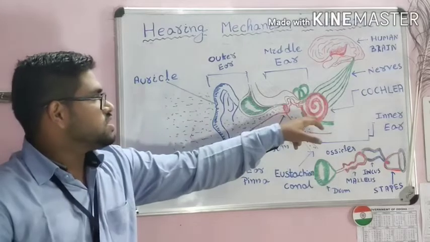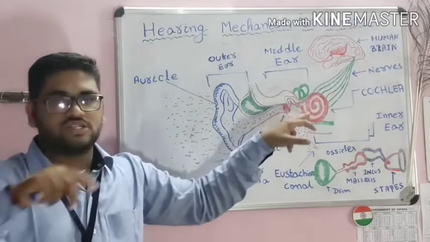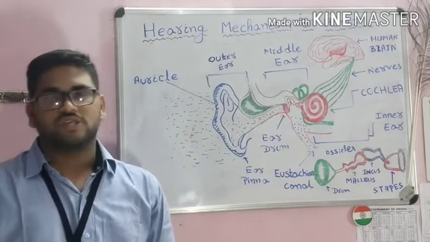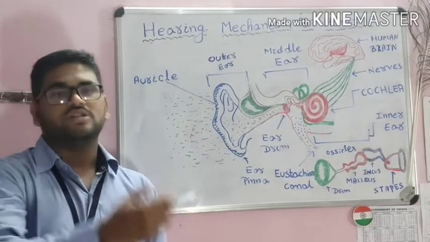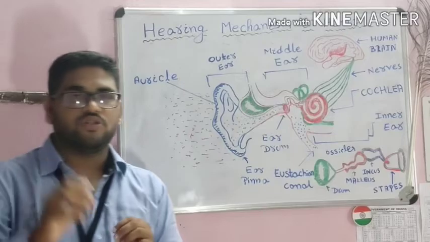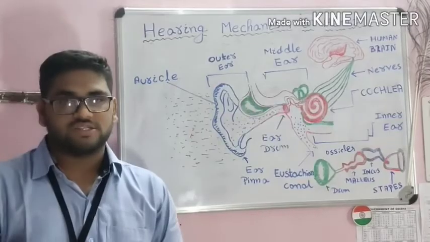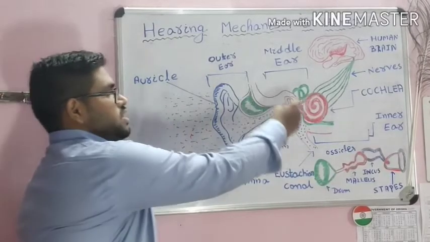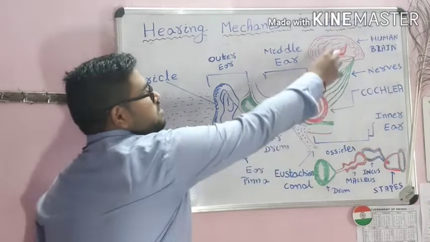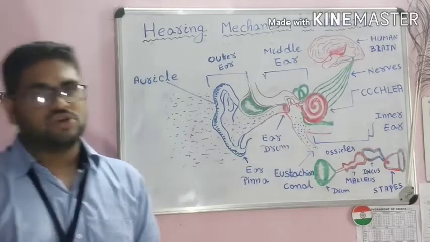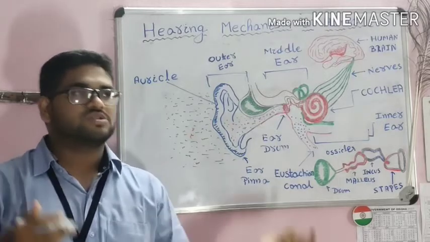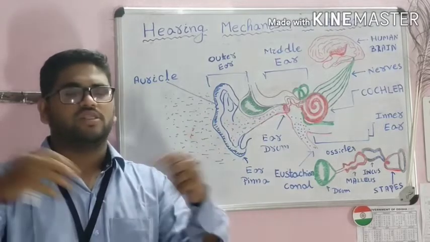But here we will discuss the cochlea, the snail-like coiled structure, which will convert the sound waves into electrical signals. The sound cannot be heard until it is converted into electrical signals. When it is converted into an electrical signal, it will be transmitted through the nerves to the brain, and the brain will distinguish which person is shouting or crying or anything else.